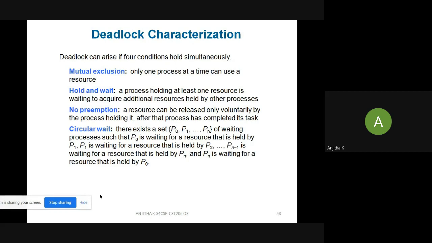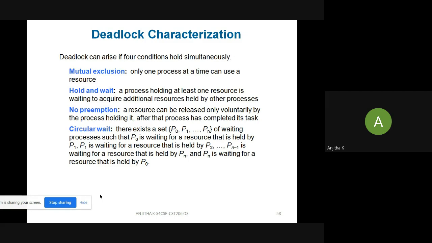So what are the four conditions? First one is mutual exclusion, then hold and wait, no preemption, circular wait. These are the four conditions for a deadlock. An important thing is that these four conditions should hold simultaneously. Then only we can say that there will be a deadlock.